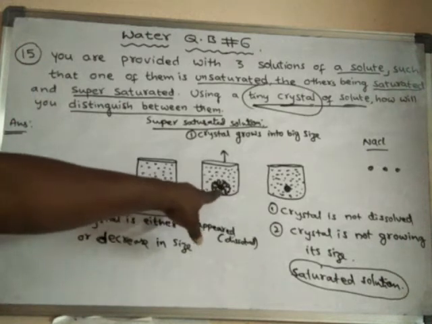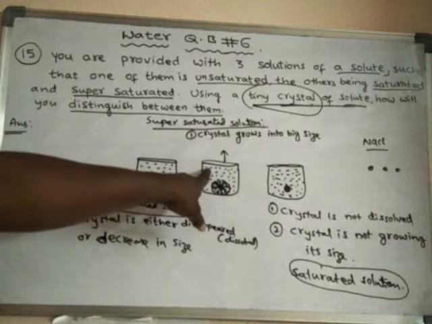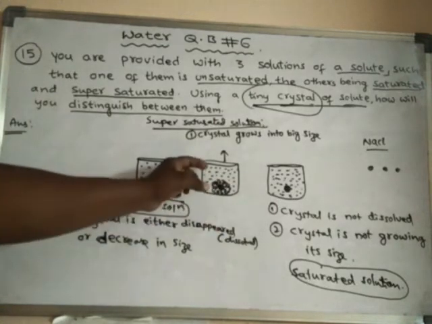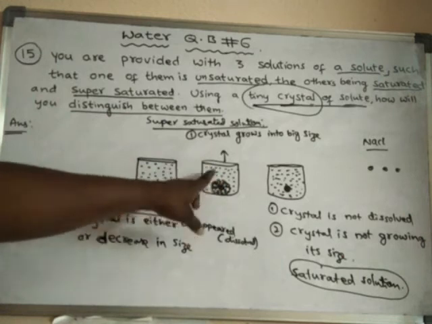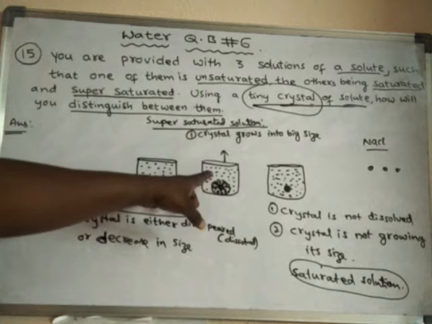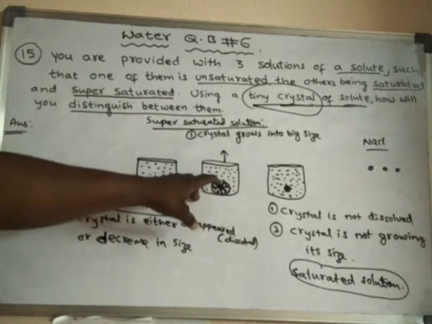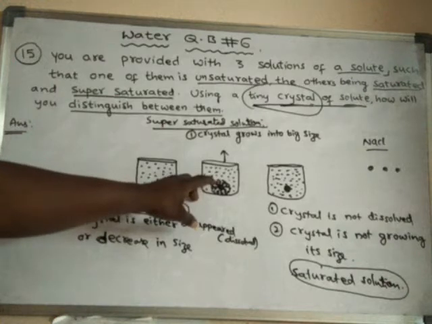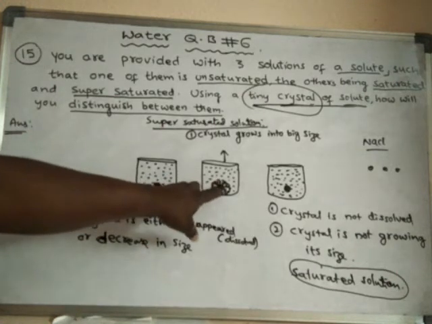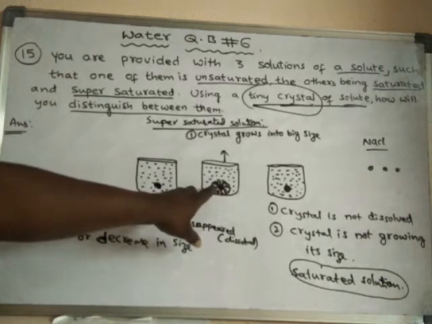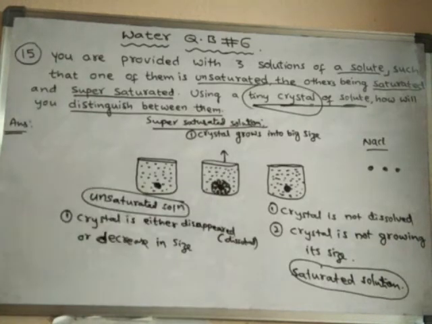So the already dissolved extra solute will come out of the solution and convert from the dissolved form into the undissolved form. That solute gathers around this crystal, so the crystal appears to increase in size.